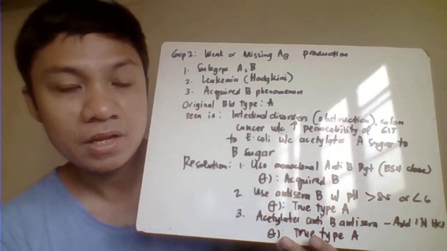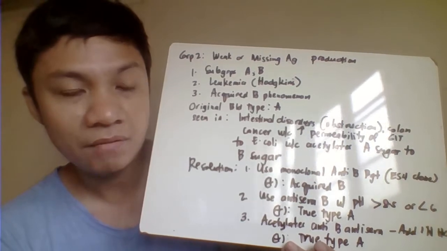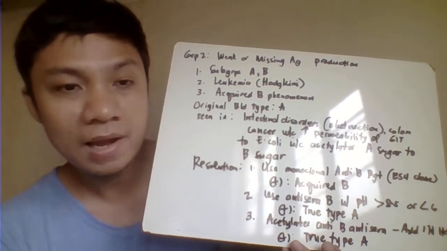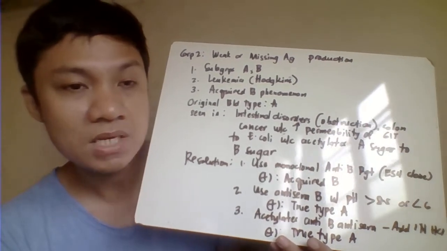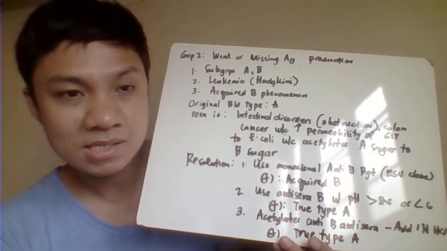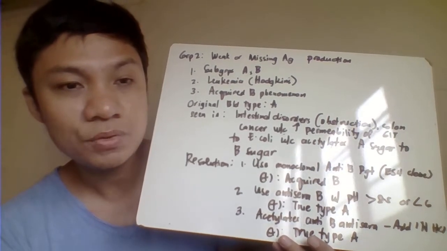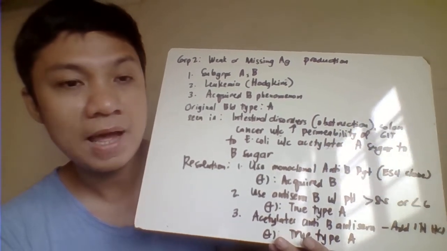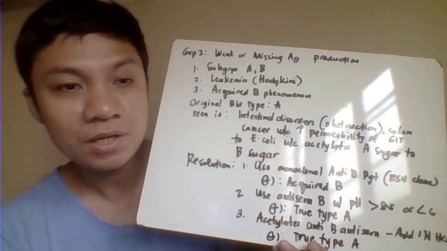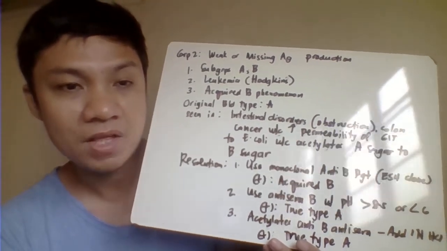Acquired B phenomenon is a condition wherein the patients would have intestinal obstruction or a problem in the intestinal tract that would allow the blood vessels of the patients to be exposed to the B-like substance, which is eventually exposure to bacteria like E. coli, which tries to deacetylate the immunodominant sugar of your group A individual.